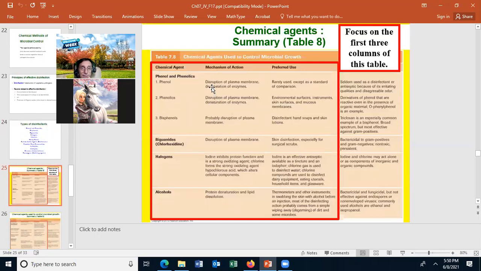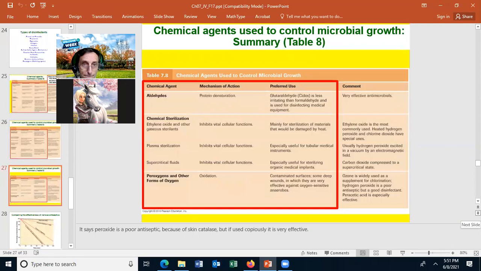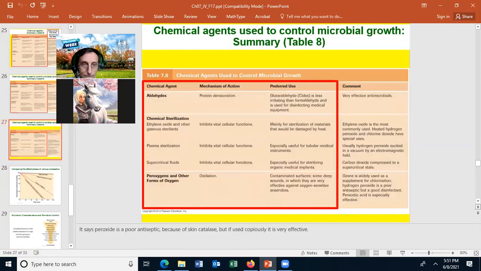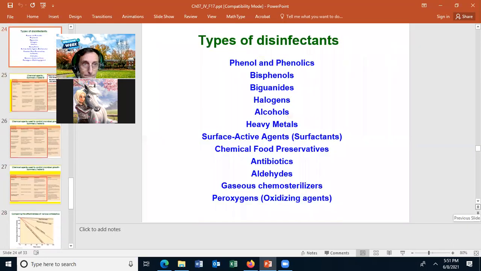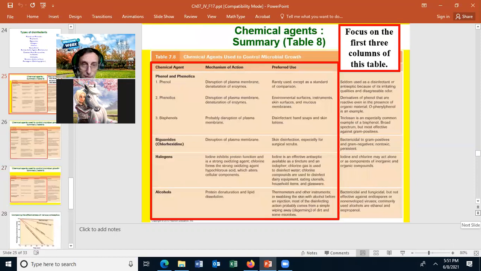This is a chemical summary of the different types of agents. I don't think I want to talk about the table. I'll have you take a look at it.